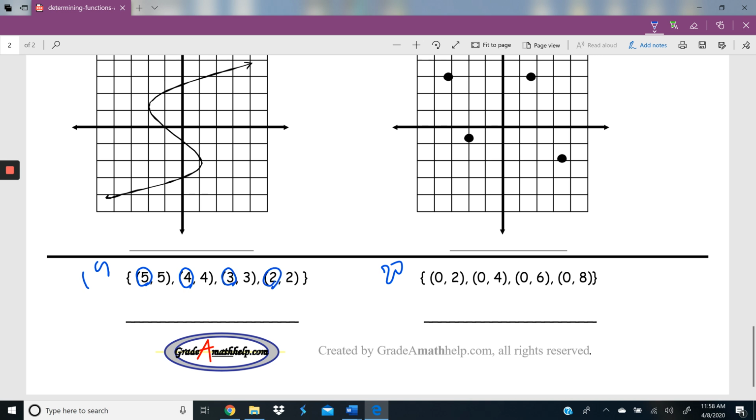On the previous problem, some of you all got them messed up because if a number was for the x, and it also had it for the y side, you all thought that it was the same number, it went with each other or something, but it's not correct. I only circle my x values. My x values were 5, 4, 3, 2. I did not repeat any number. That's a good thing I didn't repeat a number. So that is a function.